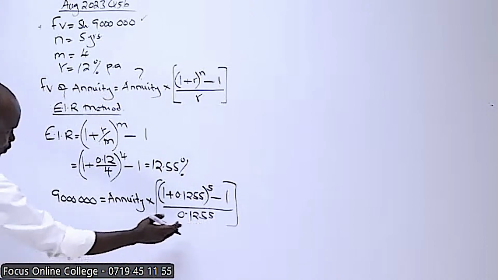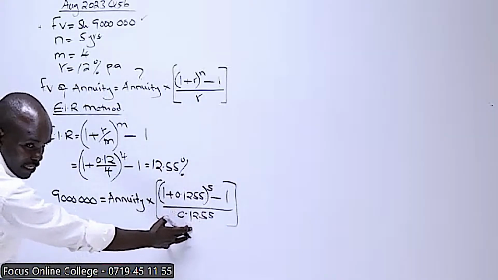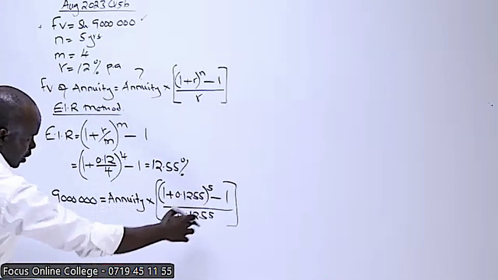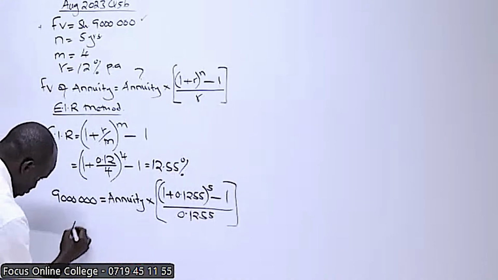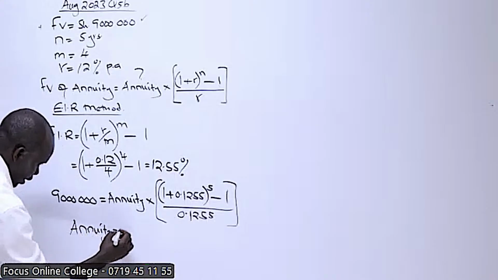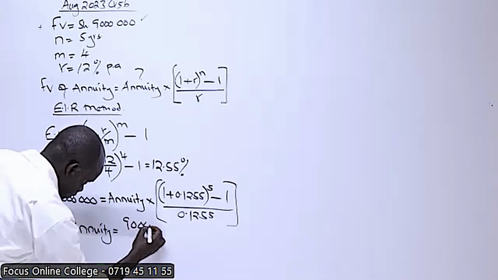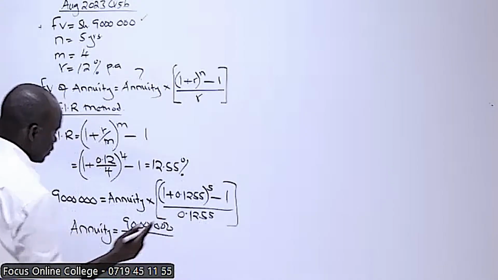So first get this factor in 4 decimal places. Then the annuity will be 9 million divided by the factor that you're getting here.